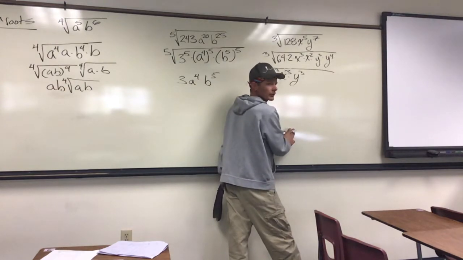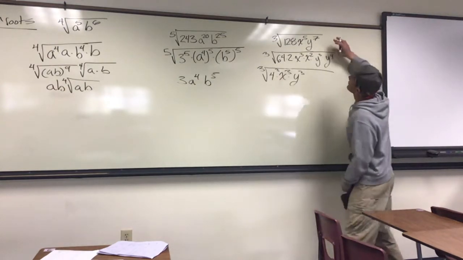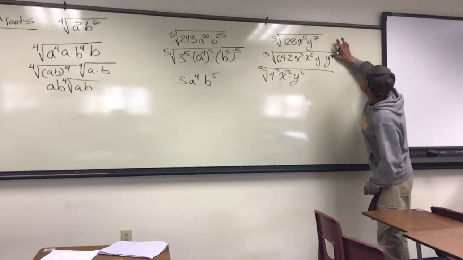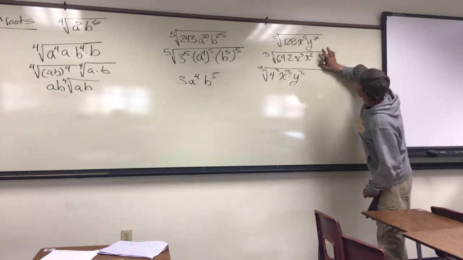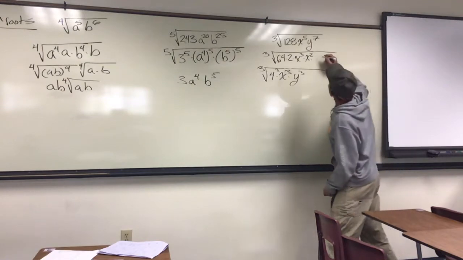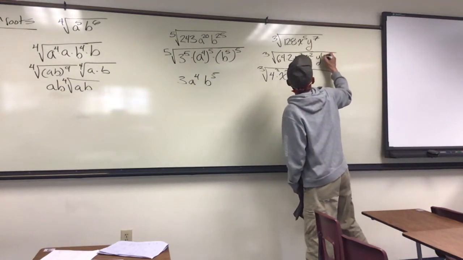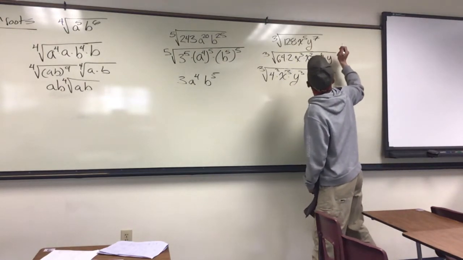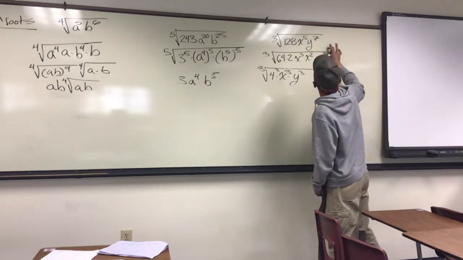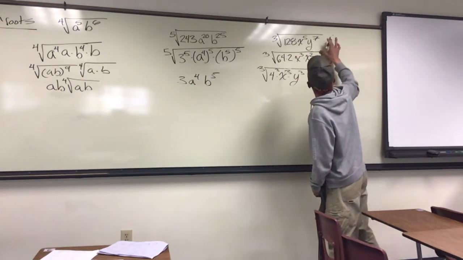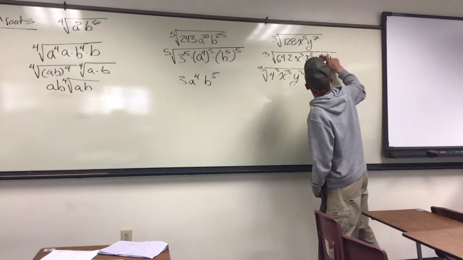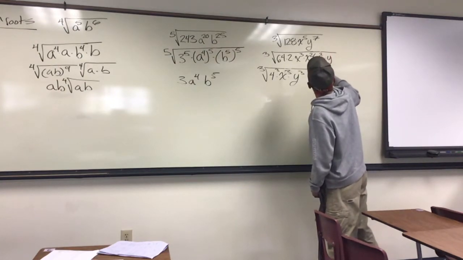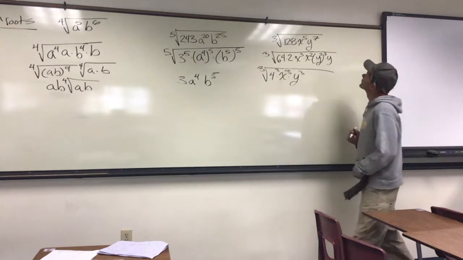Ah, we can take more out, can't we? Look at this. We can write y to the 7th as y to the 6th times y. But y to the 6th can be written as y squared cubed.